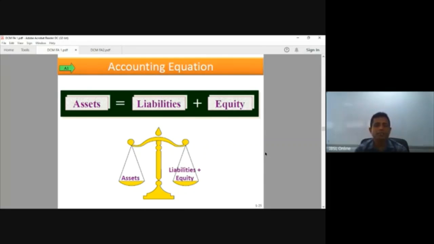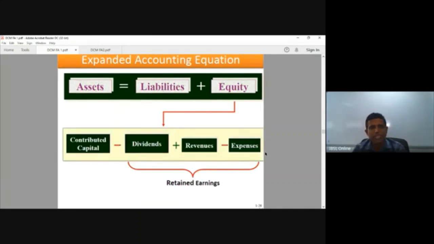You have assets which represent debit balances, and liabilities and equity represent credit balances. We have a scale also, assets equals liability plus equity. Then if I add a few things to the equity part, forget about the first two items, that is contributed capital and dividend.